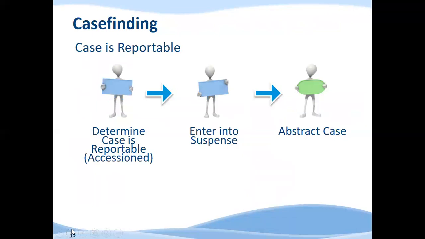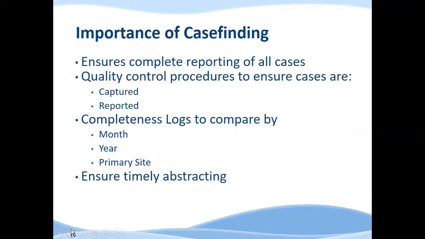So once we determine that the case is reportable, like I said, we accession it. Okay, we enter it into suspense where it sits until an abstractor can abstract that case.